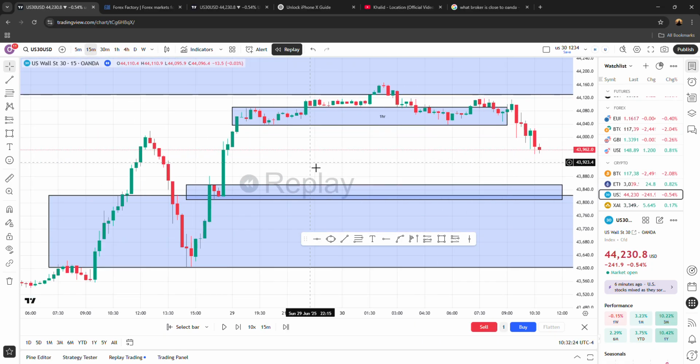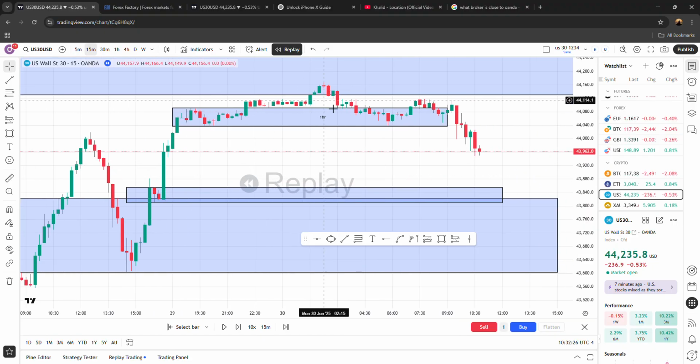Now we go to the 15-minute after I marked the 30-minute and 1-hour. Let me put the text there: 1-hour demand zone, and this is the 30-minute demand zone.